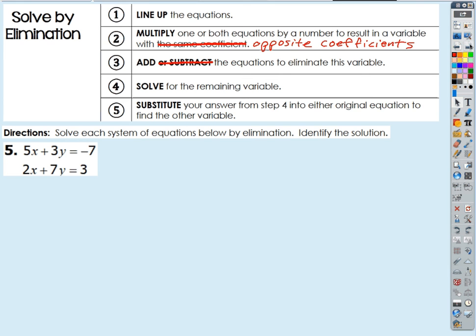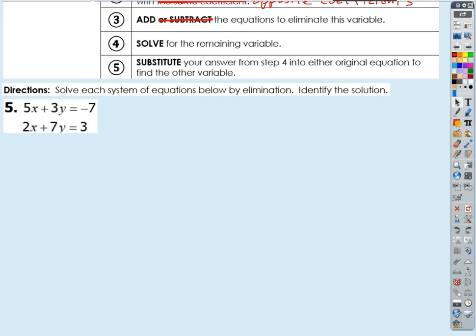Okay, so what about one like this? Let's just do one that's a little bit tougher. Now, take a second, you want to contemplate this one. It's not like there's any dramatically right or wrong answer here, but I'd say there's one that's a little better. What do you have to do? Multiply both of them. Which variable would be slightly better to eliminate?